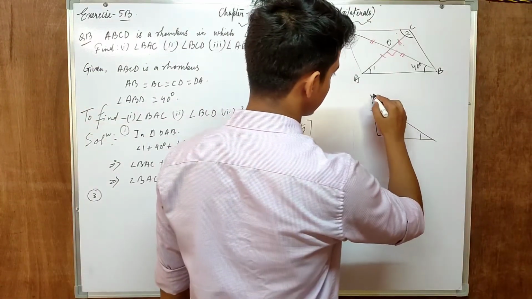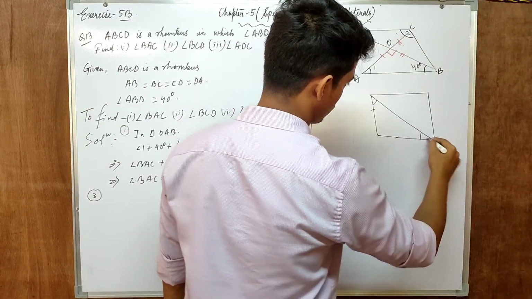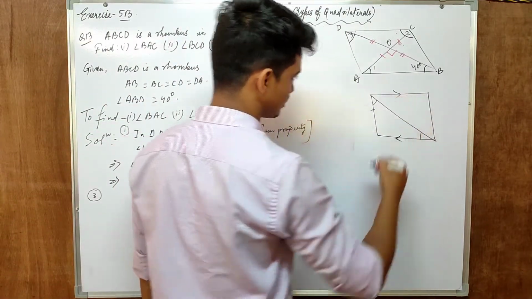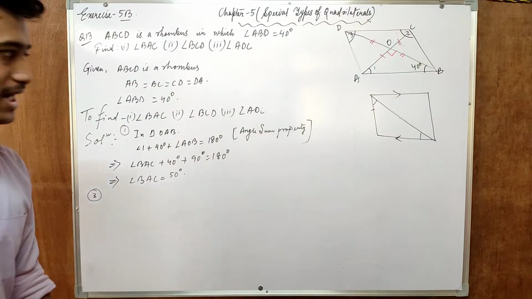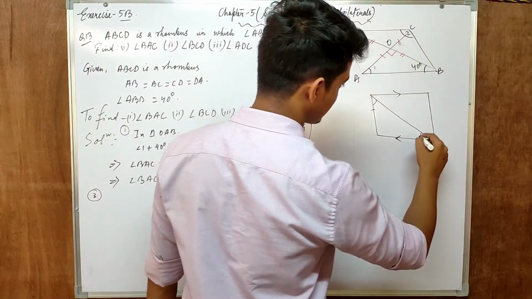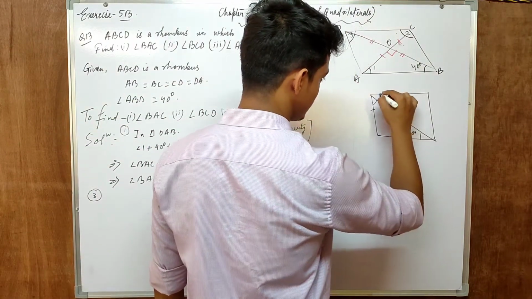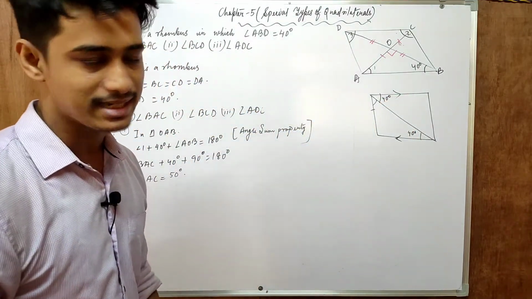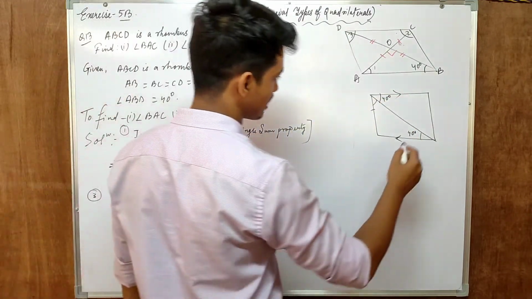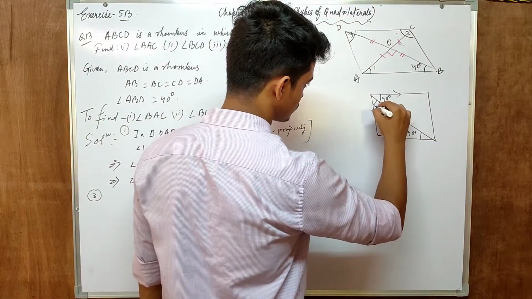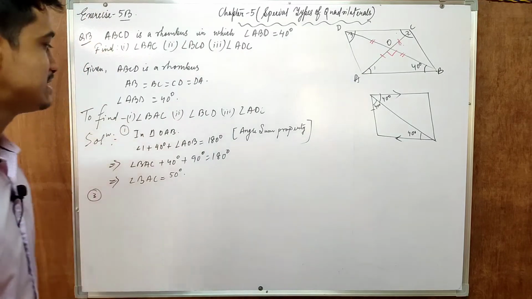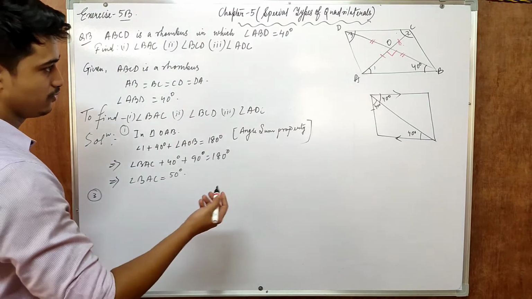In this case, this side is parallel to this side, and this side is also parallel to this side. So this 40 degree is exactly equal to this one, right? Why? Alternate interior angles, as well as corresponding angles, are equal. So that means this is also 40 degree. So 40 and 40, it becomes 80 degree. So how do we write it?